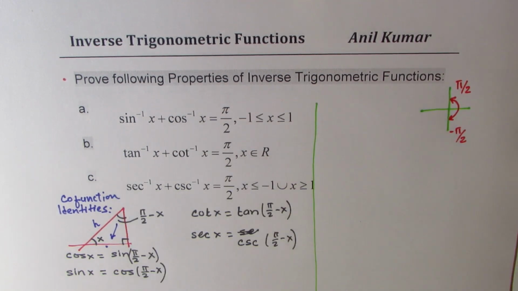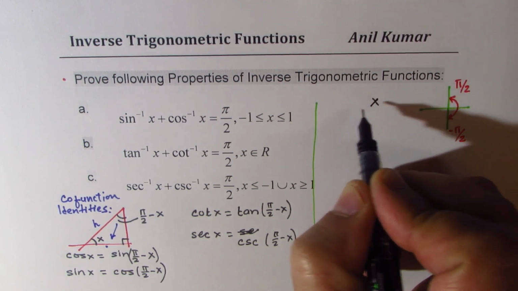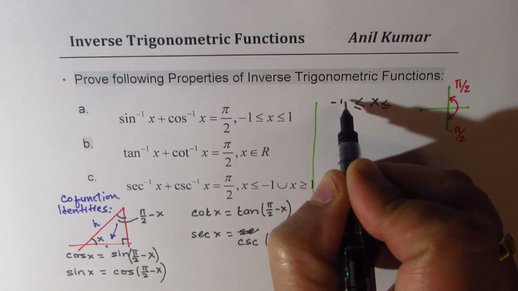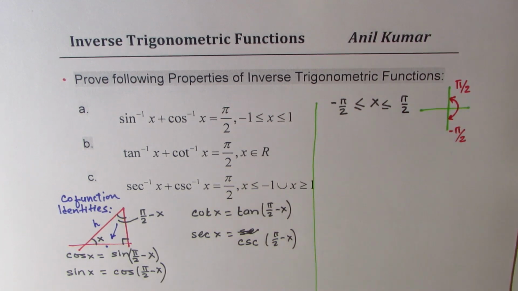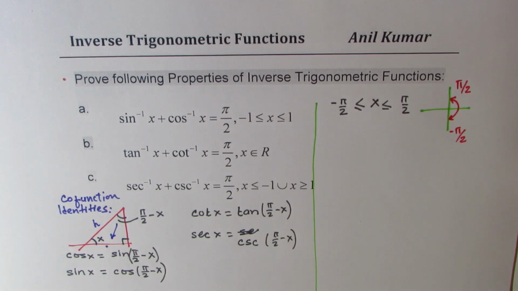So when we start with sine x, we have to see that x should be between minus and plus pi by 2. Now, when we have to switch to cosine, this particular thing changes to 0 to pi, right?